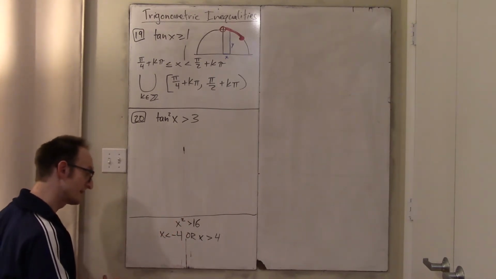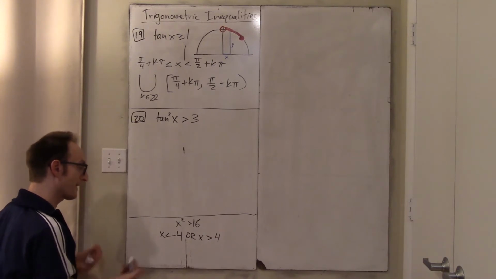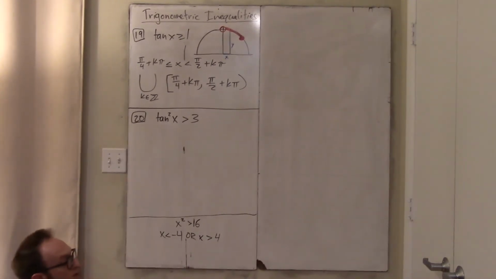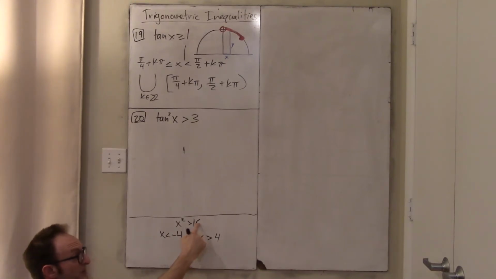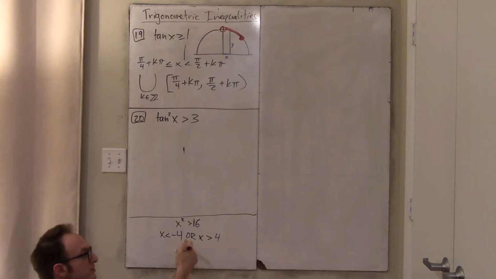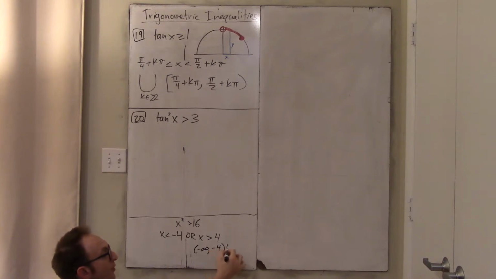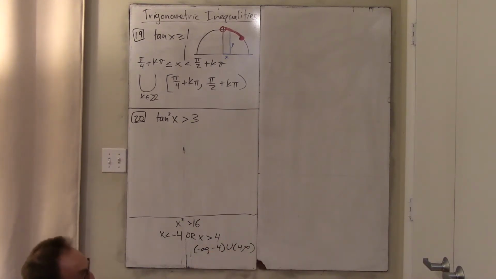There are other approaches here, of course. If someone gave you this inequality and told you to solve it, this might be hard for an Algebra 1 student, but what would the answer be? Well, it would be everything from negative infinity to negative 4, union everything from 4 to infinity.